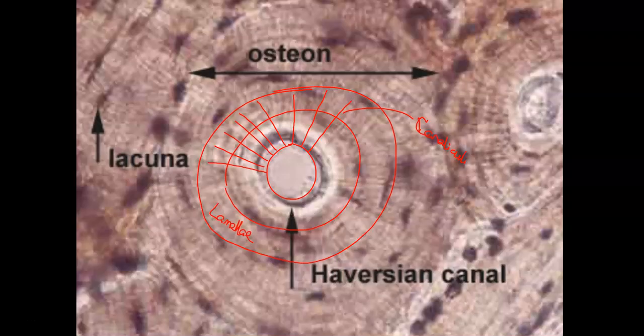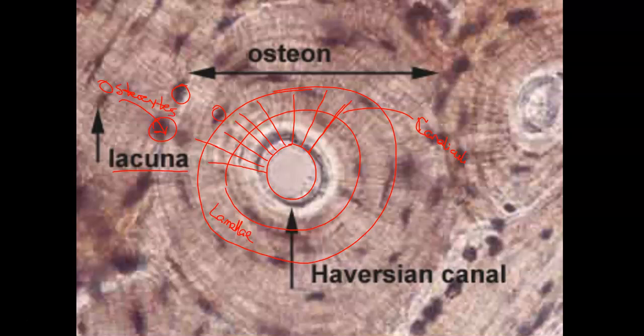You can sort of think of it as little canals. Those canaliculi will attach to these dark areas, and those dark areas are called lacuna. Within the lacuna is where the osteocytes are going to be. So the bone cells, osteocytes, are within the lacuna.